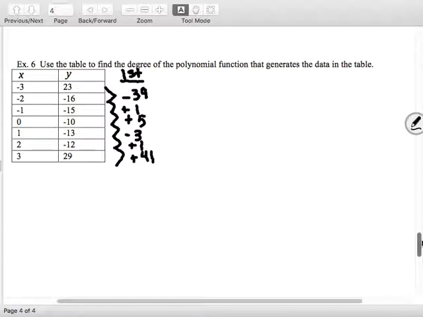I'm going to pause and give you a little bit of a head start on me and see how many differences it takes to get a constant. And that will be the degree of the polynomial. Pretty cool.